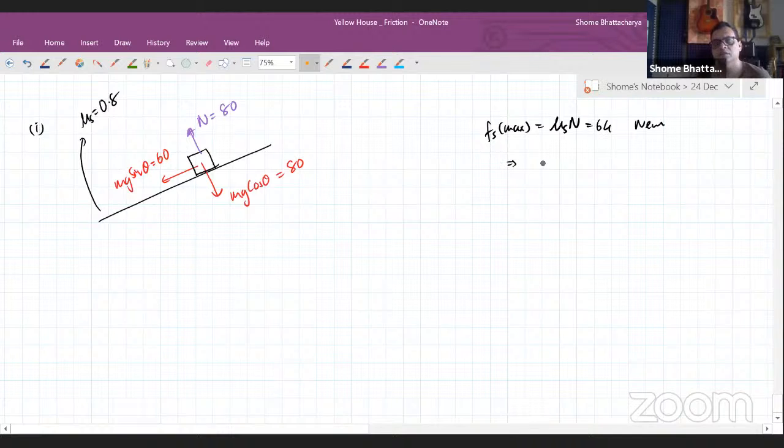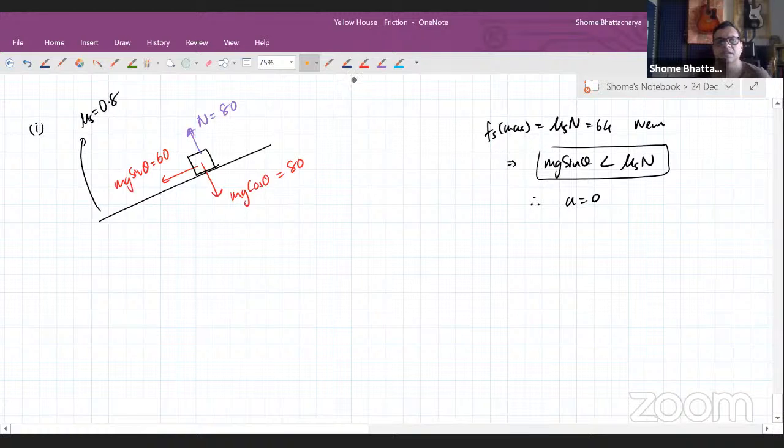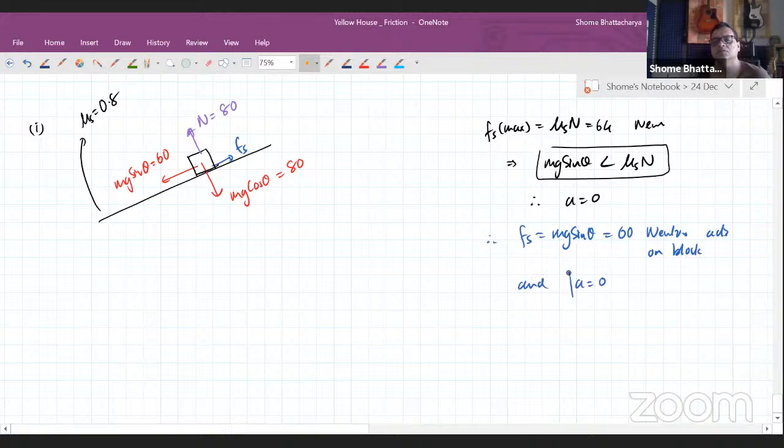So we can see that mg sin theta is less than maximum friction. So you can see that acceleration will be 0 and there will be static friction acting over here. And that static friction will just balance. Okay. Therefore, static friction equal to mg sin theta or equal to 60 newtons acts on the block and its acceleration is 0.